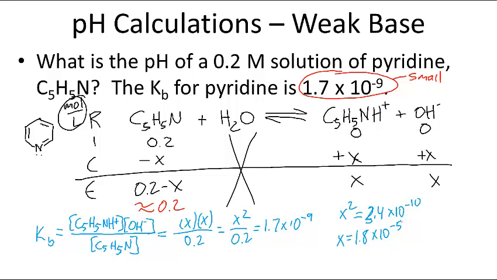All right, so X represents what here? Concentration of OH minus. So the last part is to find pOH, which is the negative log of that, which is 4.7. So the pH equals 14 minus 4.7. So that's going to be 9.3.